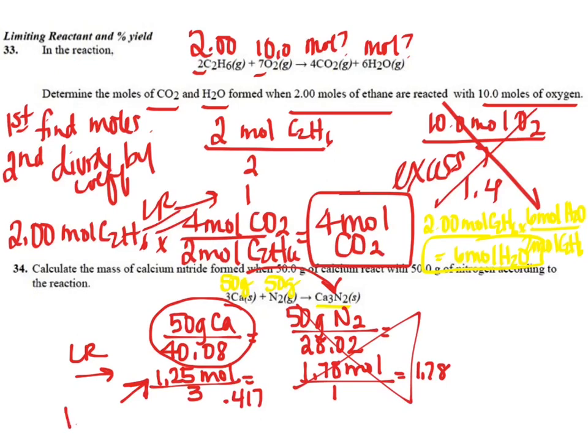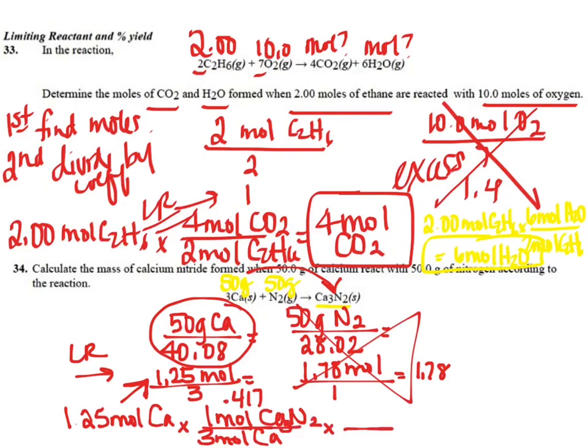We have 1.25 moles of calcium. To go from moles of calcium to moles of calcium nitride, we need the mole ratio. There are 3 moles of calcium for every 1 mole of calcium nitride.